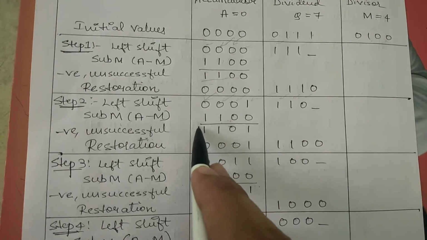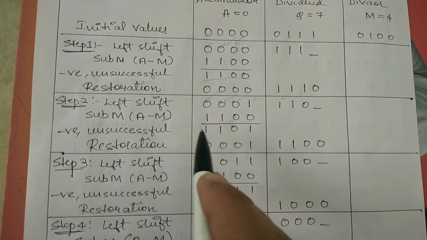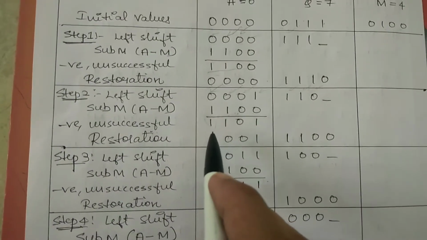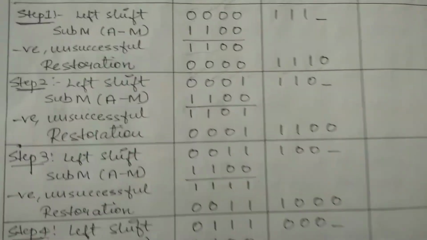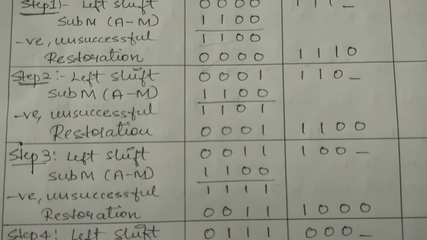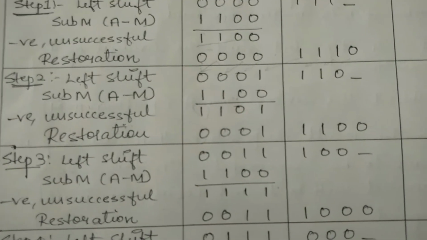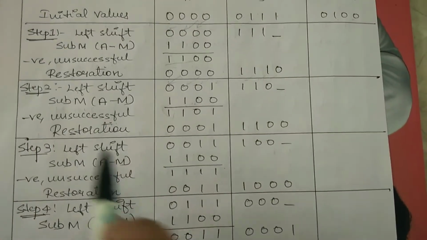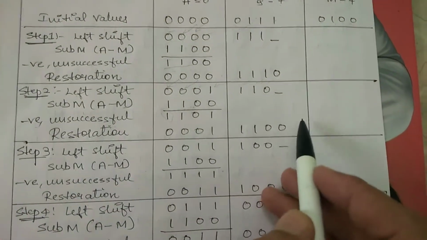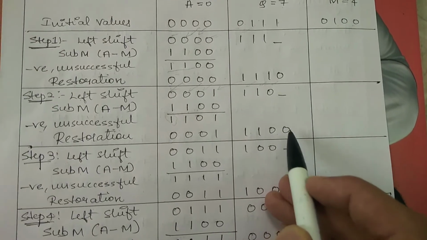Since we again got 1 at the end, it means the number we got is negative, so the result is unsuccessful. Then we need to restore 0 0 1 1, and at the end, since we got the number as negative, we need to keep this as 0.